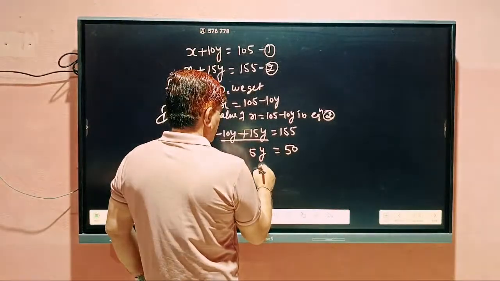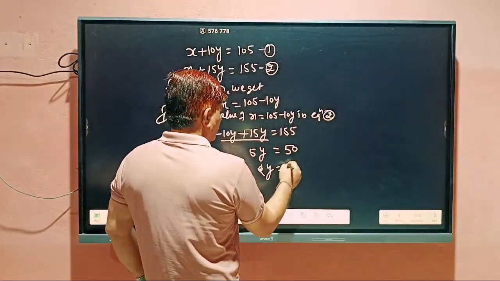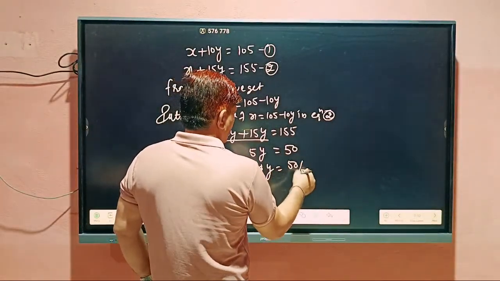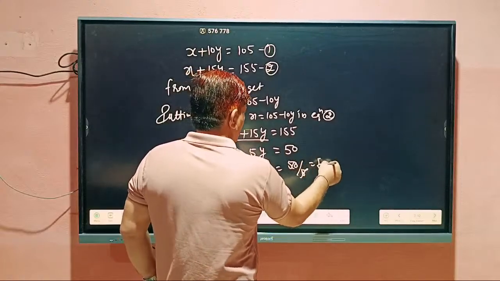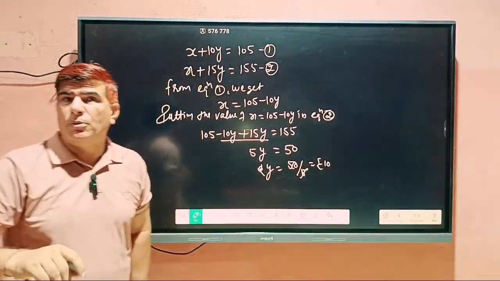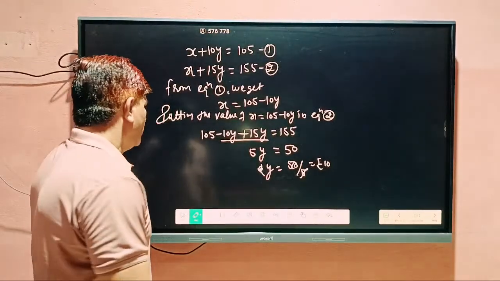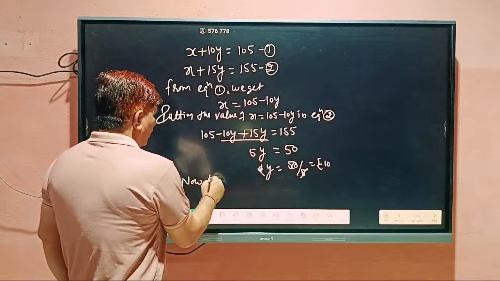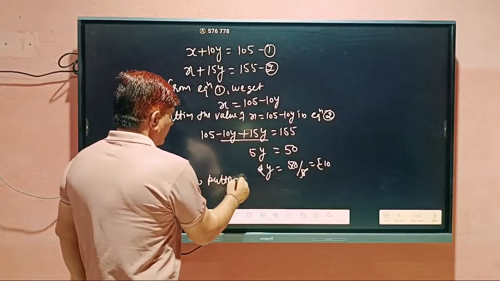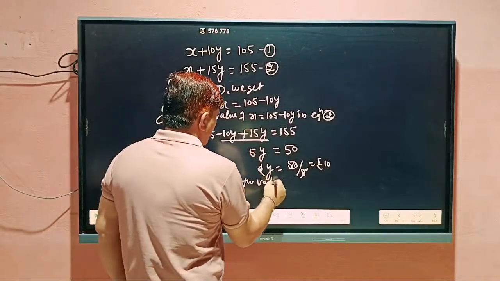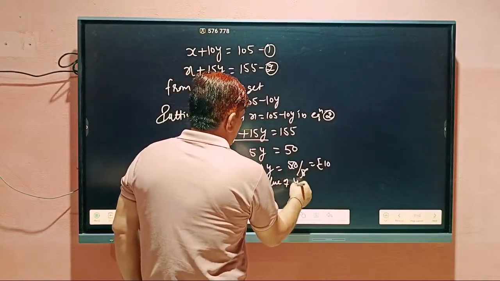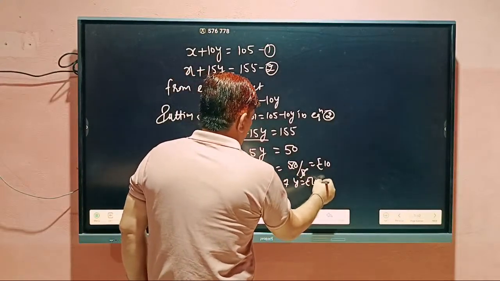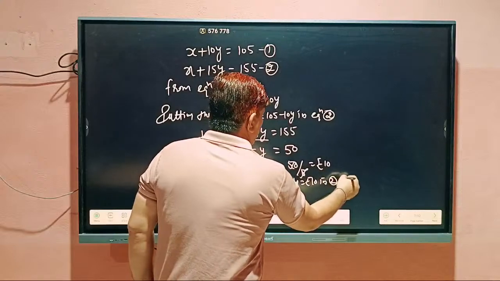So y is equal to 50 by 5. How much? Rupees 10. So it means the per kilometer charge is rupees 10. Now putting the value of y equal to rupees 10 in the second equation, what do we get?